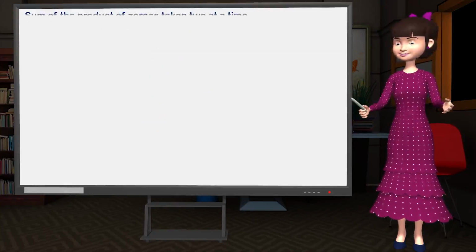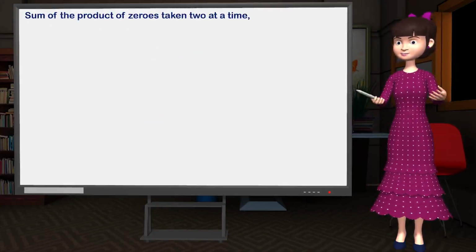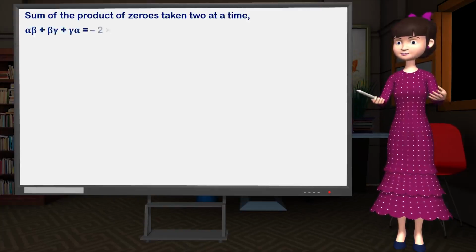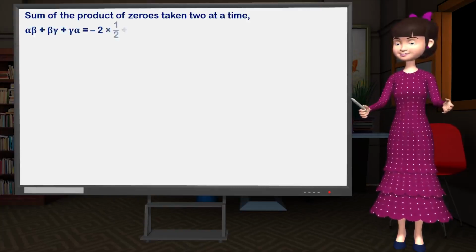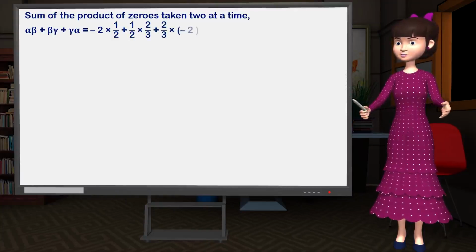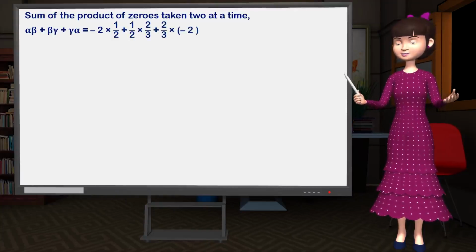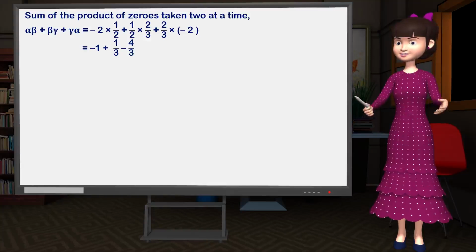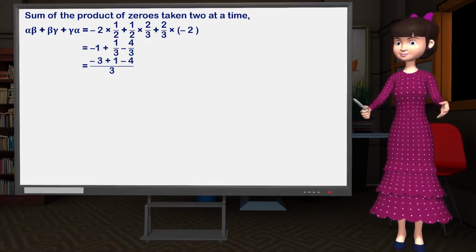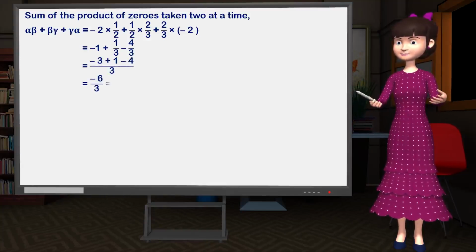Sum of the product of zeros taken two at a time, that is alpha beta plus beta gamma plus gamma alpha is equal to minus 2 into 1 by 2 plus 1 by 2 into 2 by 3 plus 2 by 3 into minus 2, which is equal to minus 1 plus 1 by 3 minus 4 by 3, which is equal to minus 3 plus 1 minus 4 by 3, which is equal to minus 6 by 3.